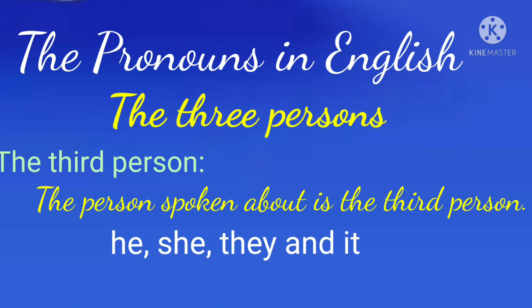Among them, he is used to refer to masculine nouns, she feminine, they both masculine and feminine in plural form. It is used to refer to animals and inanimate objects.